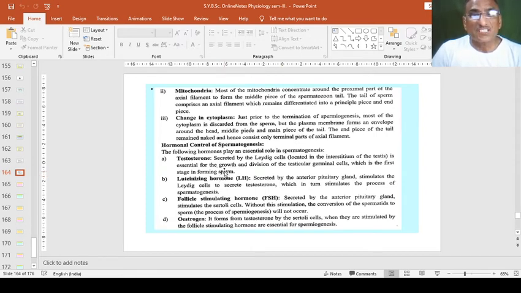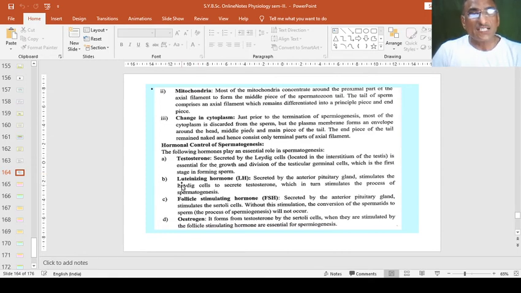So testosterone is the male hormone secreted by the Leydig cells, or as we generally call them, the interstitial cells, and it is needed for the growth and division of the germinal cells.